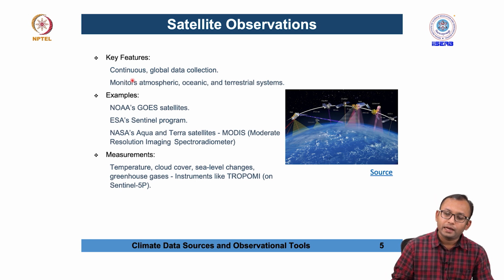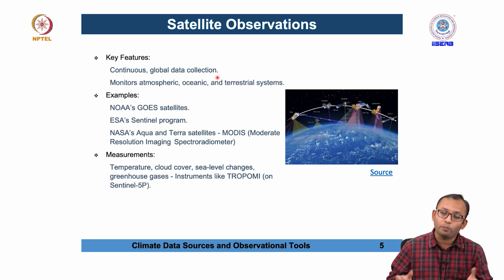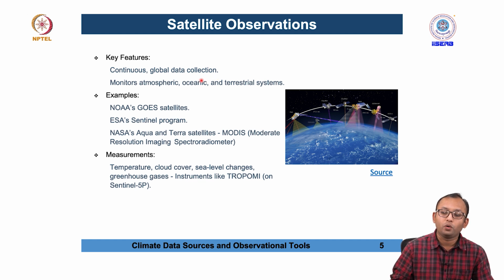And these satellite data sets can also cover the whole globe, which is also called global data collection. Satellite observations, as I just suggested, monitor atmospheric interaction, oceanic changes, and terrestrial systems. So, everywhere you can have a monitoring system based on satellite observations.